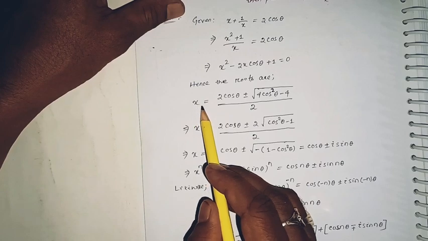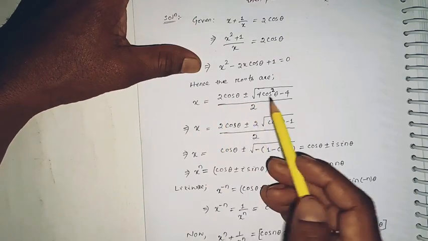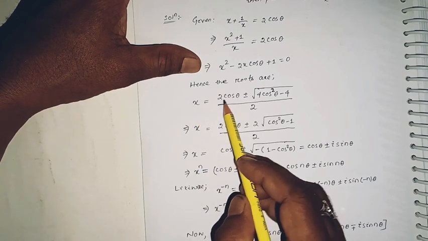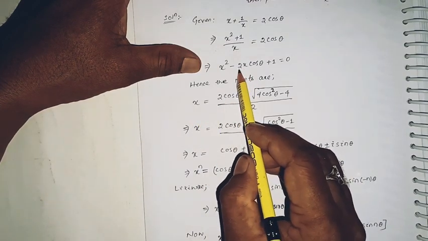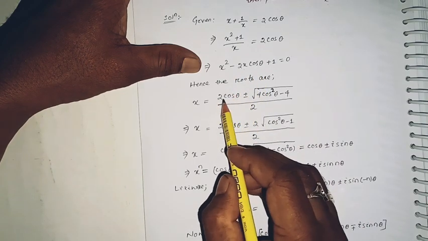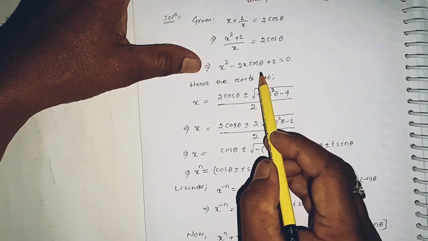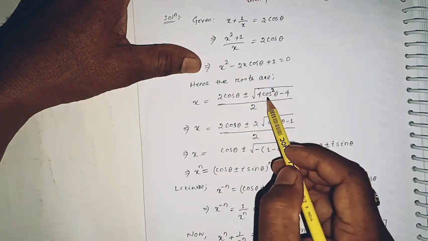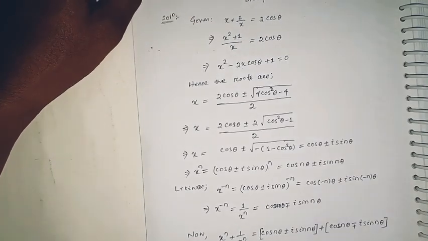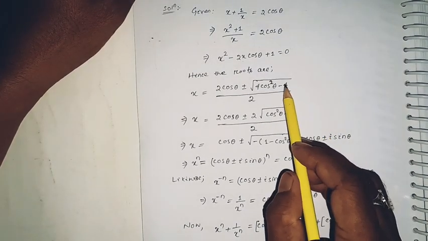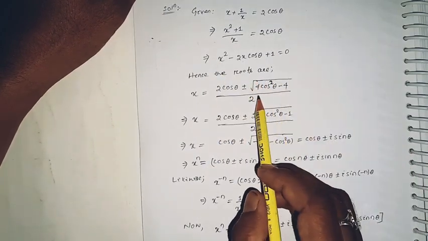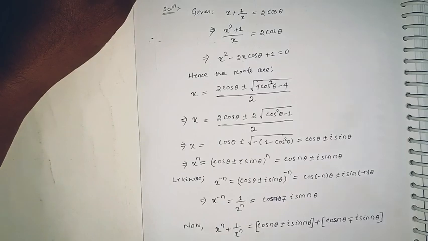Here there are two roots, plus or minus. So the two roots of x will be equal to minus b, and here minus 2 cos theta is your b, so minus b means 2 cos theta, plus or minus root over b square, that is minus 2 cos theta whole square, 4 cos square theta, minus 4ac, 4 into a which is 1, c is also 1, all over 2 into a which is 1, so by 2.